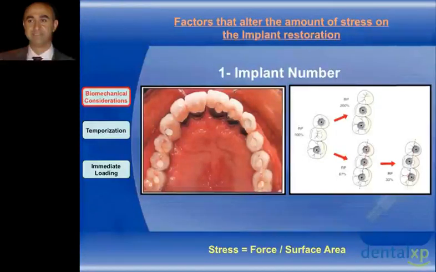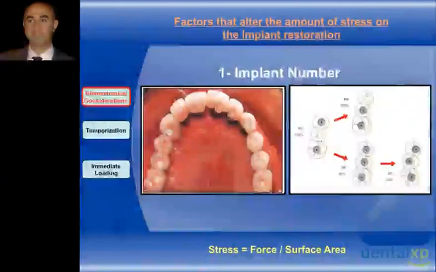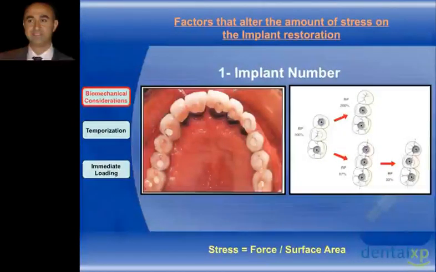This slide from a text I got, which is very interesting, and I'm sure everybody has seen it before, again just refreshing our minds. In the text and from the literature, we know that whenever we're placing 2 implants to restore a 3-unit bridge, and the amount of forces applied on the 3-unit bridge is 100%, whenever we change the configuration of our 3-unit bridge by placing the same 2 implants but cantilevering the pontic, this amount of force has been doubled.